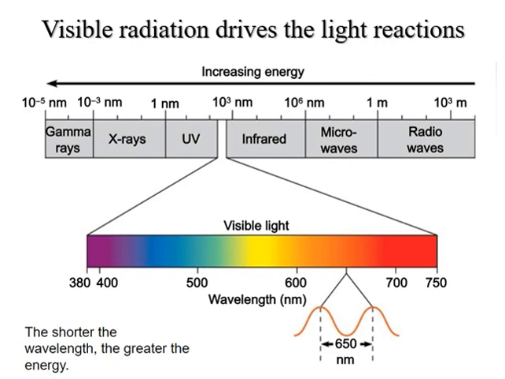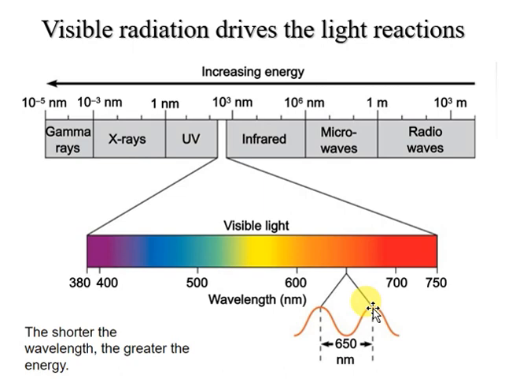And like other forms of electromagnetic energy, it travels in the form of waves. Now, when we talk about waves, the distance between peaks of waves, right? So the distance from here to here is called a wavelength, right?